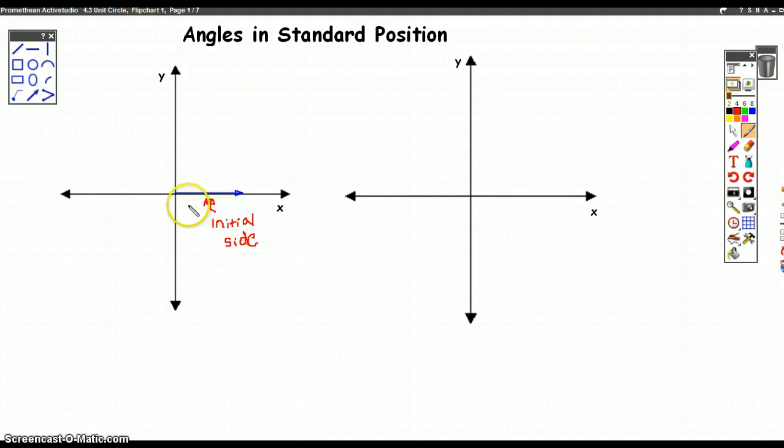And then what we do is we rotate counterclockwise. So we always rotate counterclockwise and we land somewhere.